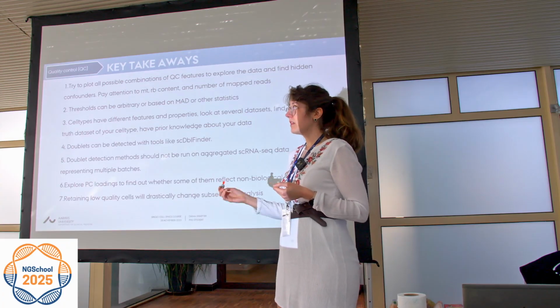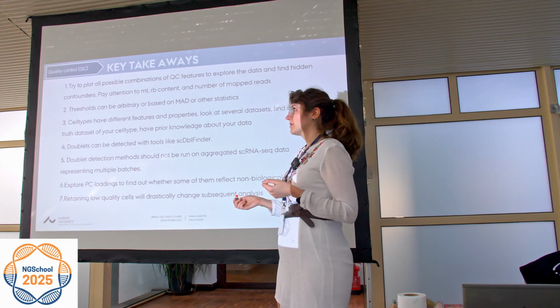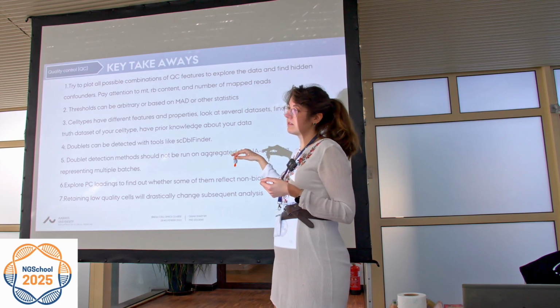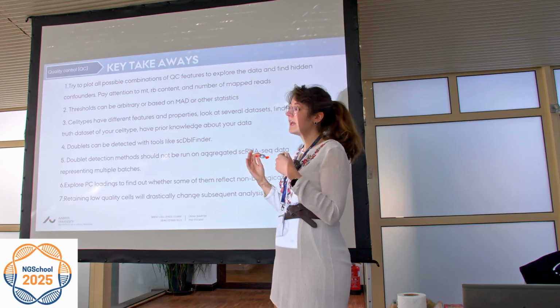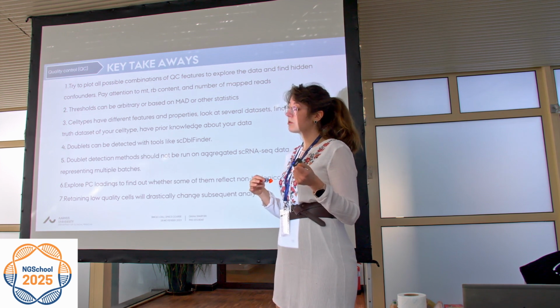But the number of aligned reads you can't use completely for this purpose, because some healthy cells also have this low number, and there is no single metric that helps you identify low quality cells.